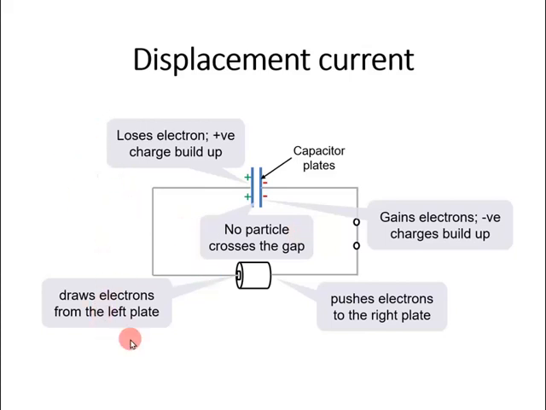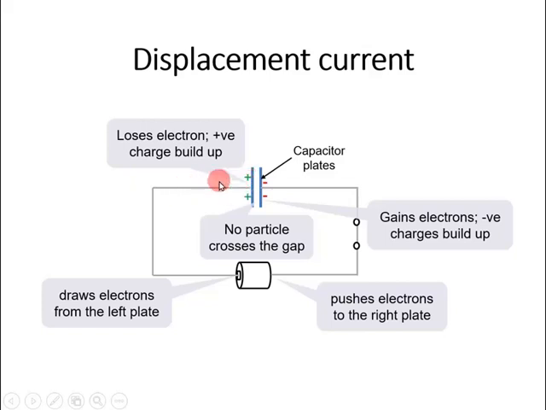Consider a capacitor that is connected to a battery. At the moment that the battery is connected and the switch is closed, this part of the battery, which is the positive terminal, begins drawing electrons from the one side of the plate.